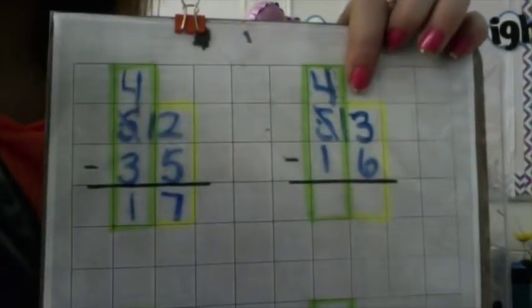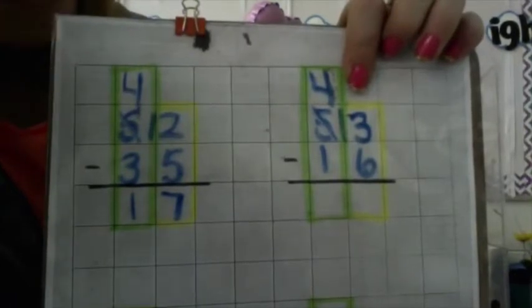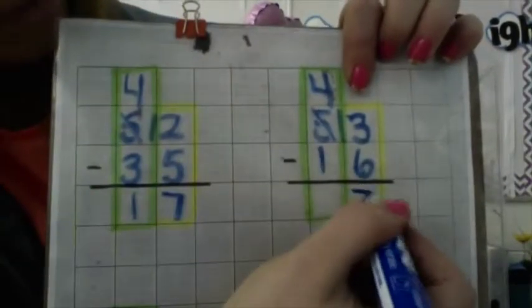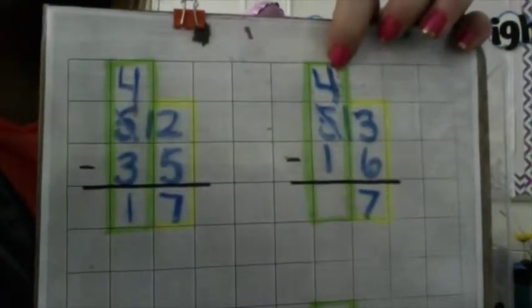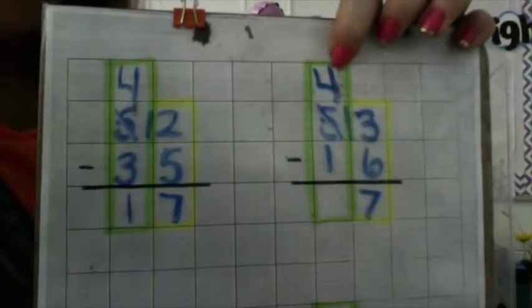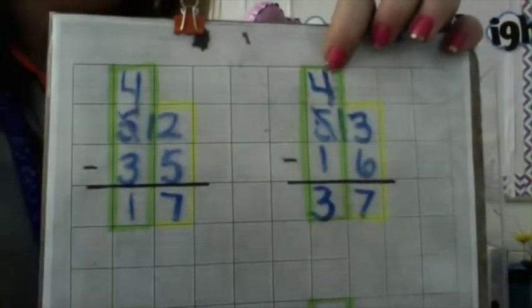What's 13 minus 6? 7. Very good. Now I go here to my tens place where I have 4 take away 1. 4 minus 1 equals 3. Outstanding.